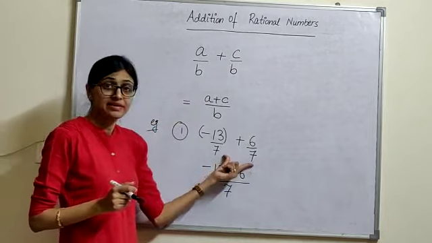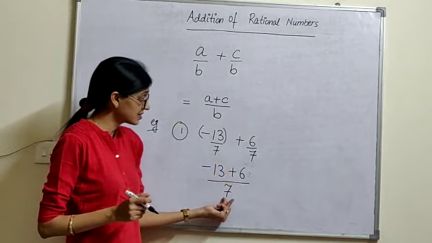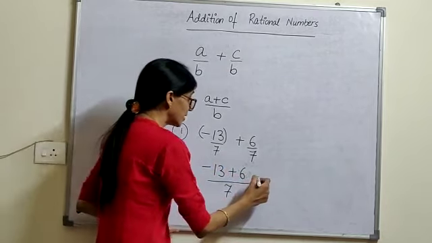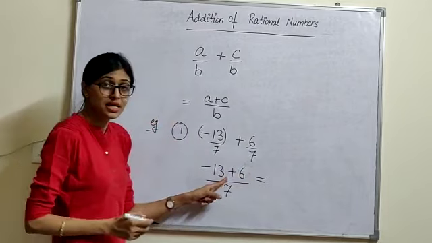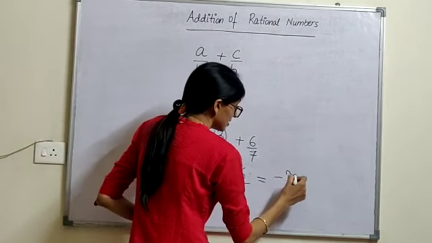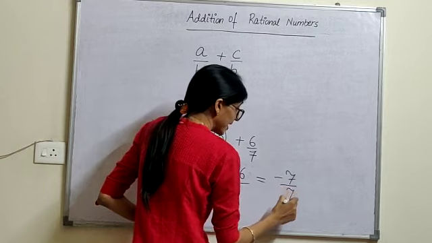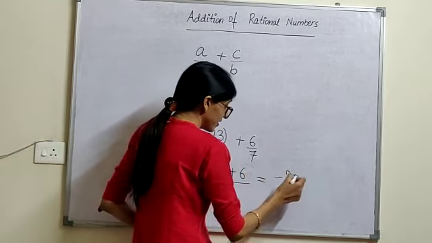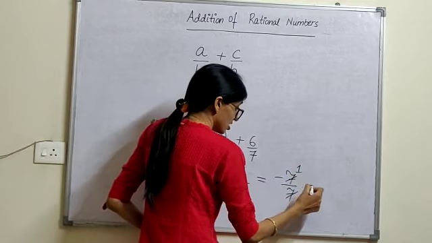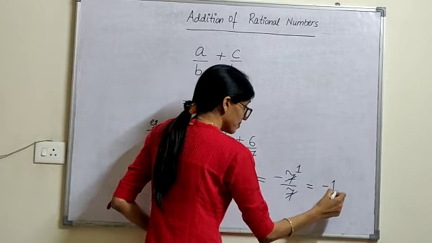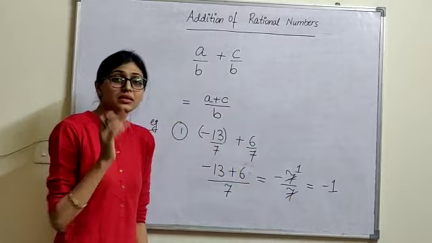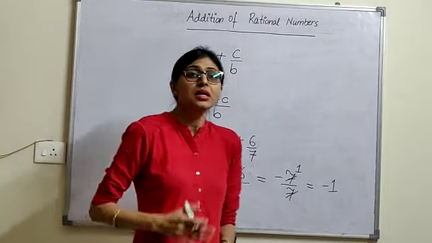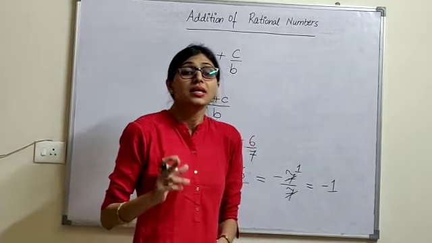Both having the base 7, so taking 7 over here. What is minus 13 plus 6? It is minus 7 divided by 7. Both come in the table of 7. 7 ones are 7. So the answer is minus 1.